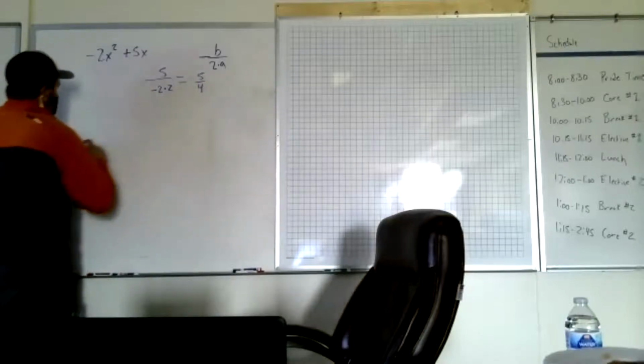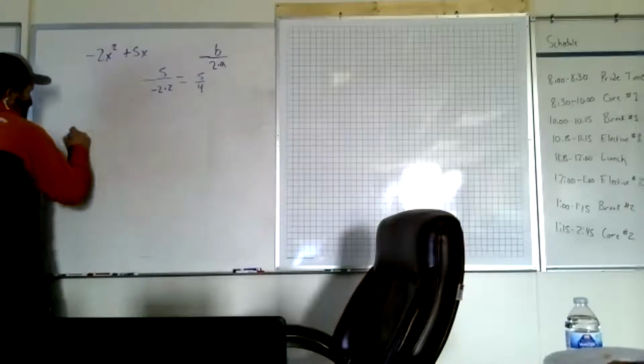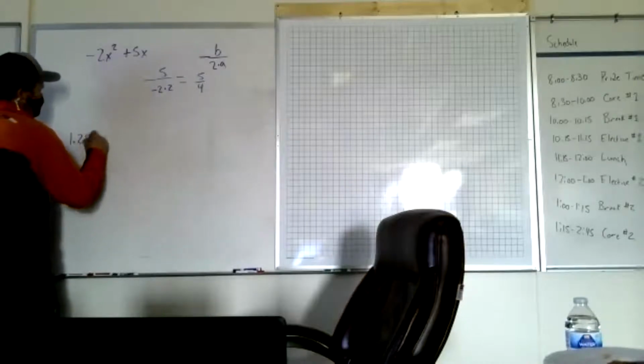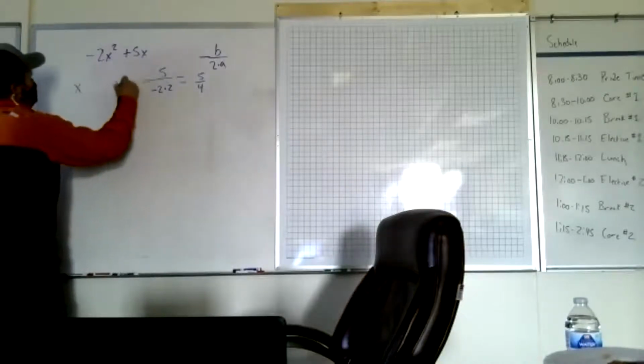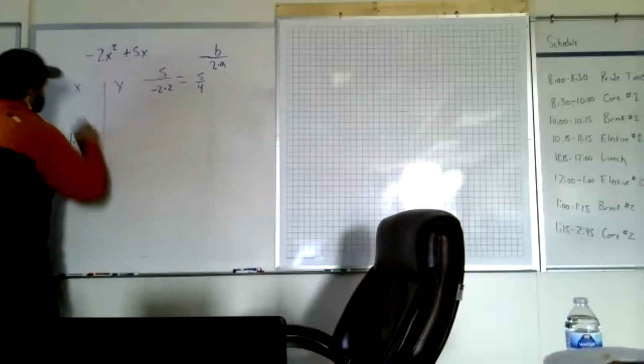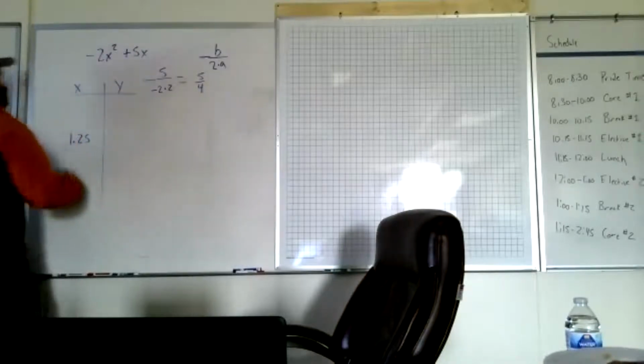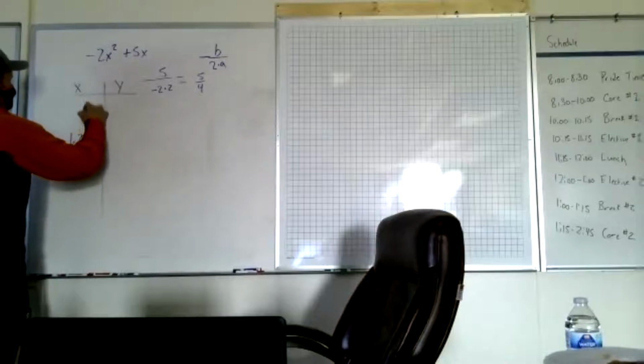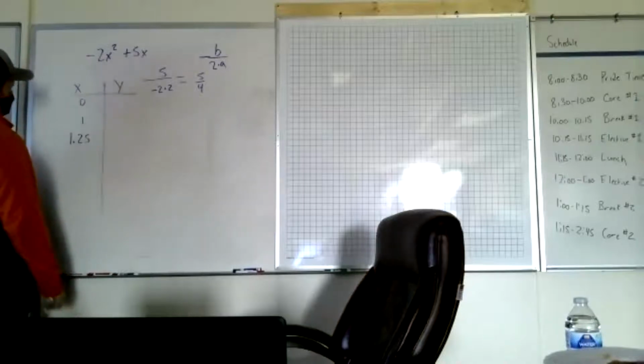That is the x value of our vertex. So that's 1.25 as a decimal. And I'll just build my table. Okay, here I'll use 1 and 0.